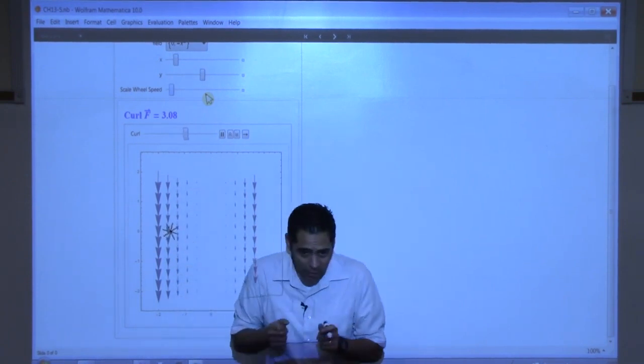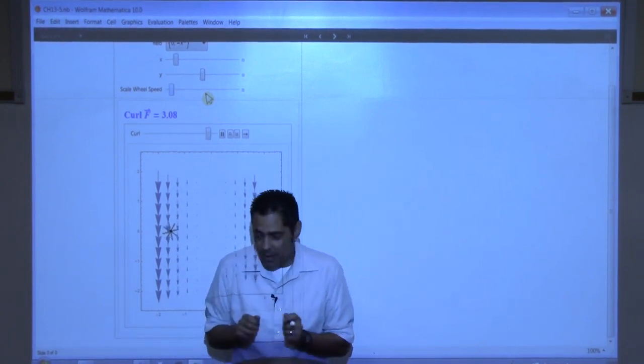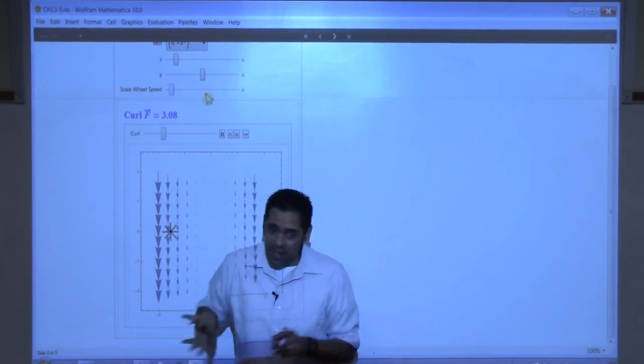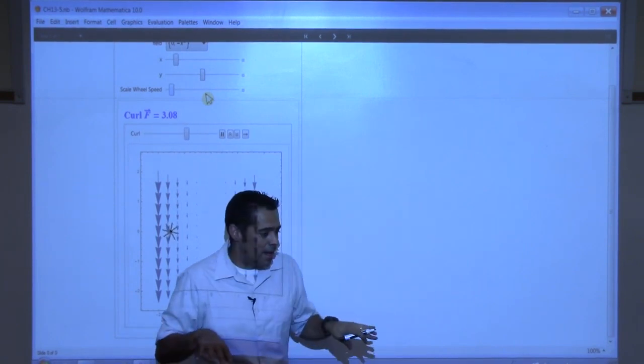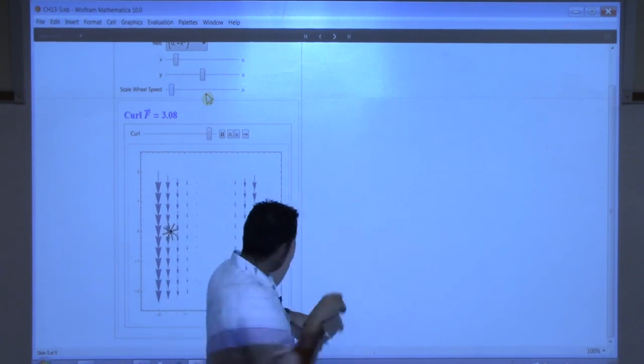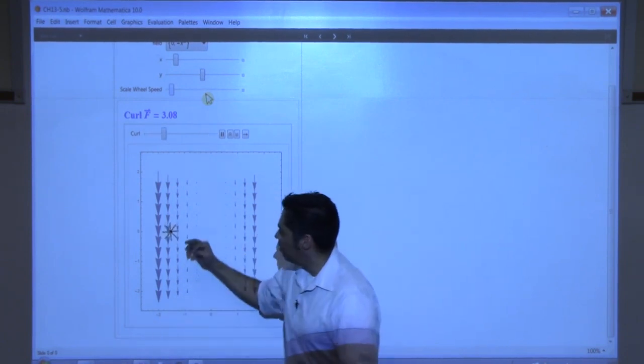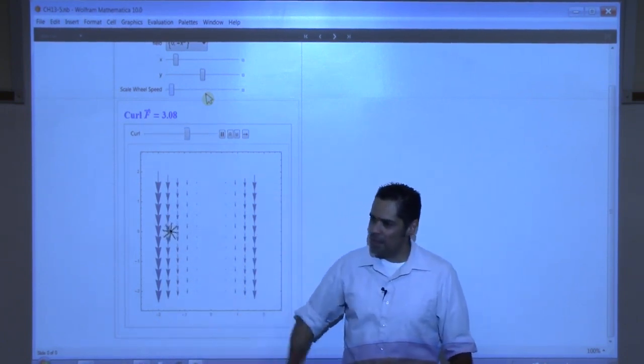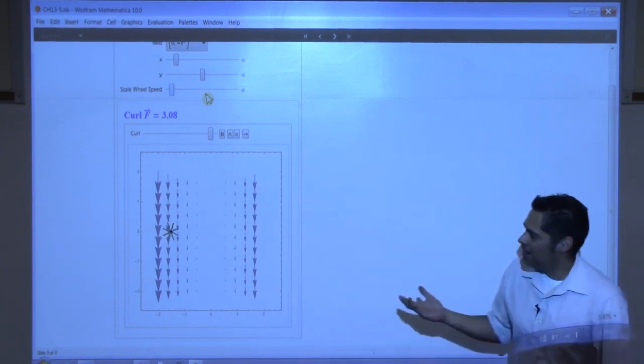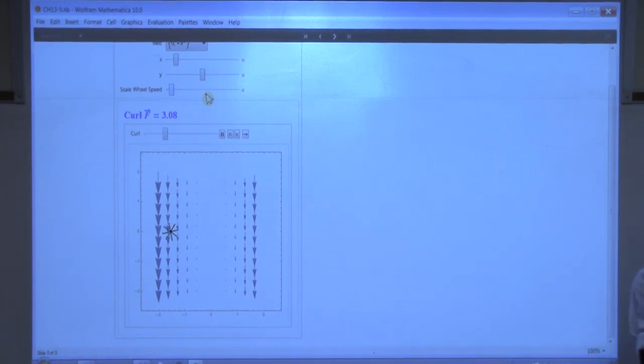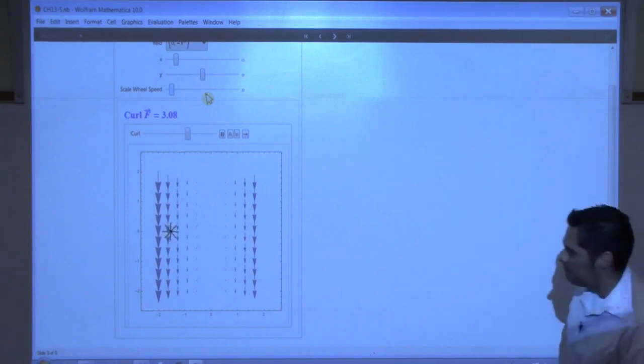So if this little water molecule is going down the river, and he sticks his arm out, the guys on the right side hit him. The left guys hit him, but not as fast, so he starts spinning as he's going down the river. And so he has this twist to him. Does that make sense? Okay, and so that's the curl of the point. That was a nice spin.